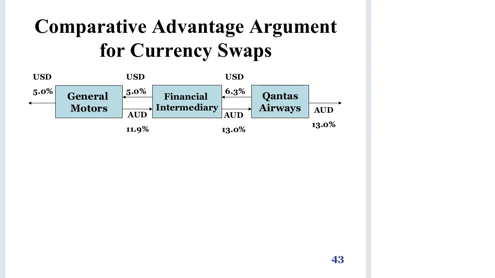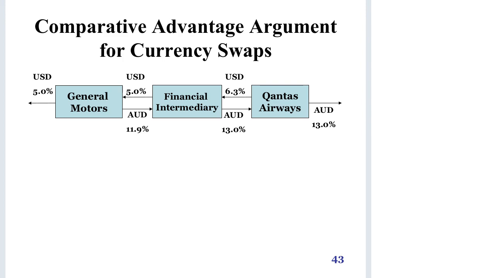The only thing you have to look at is what is happening to the financial intermediary. The financial intermediary is earning 6.3% in US dollars from Qantas, but paying out only 5% in US dollars to General Motors. So he's earning 1.3% on the US dollars. Looking at the other side, 11.9% is what he's earning, and he's paying 13%, so he's losing 1.1% in Australian dollar terms.